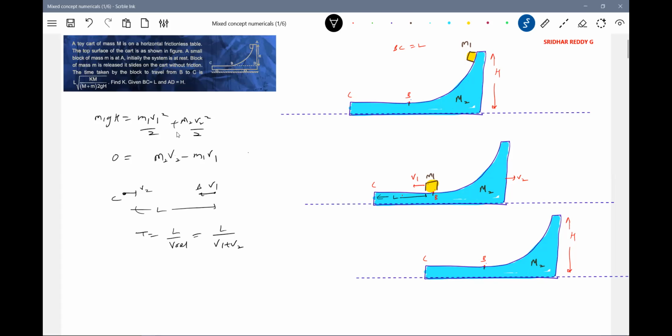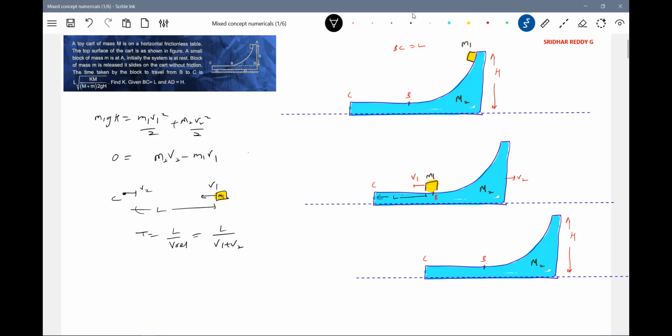Here is where most students went wrong. Point C will have a velocity V2 and the block V1, not point B. You have to discuss the relative motion between the block and the point C, not point B again. I'm making things clear.